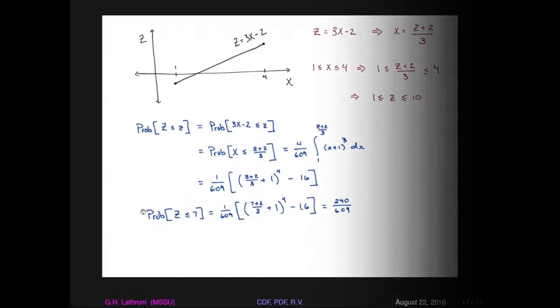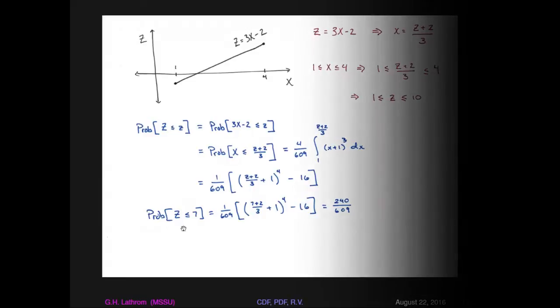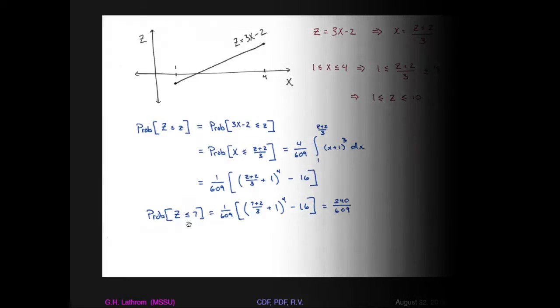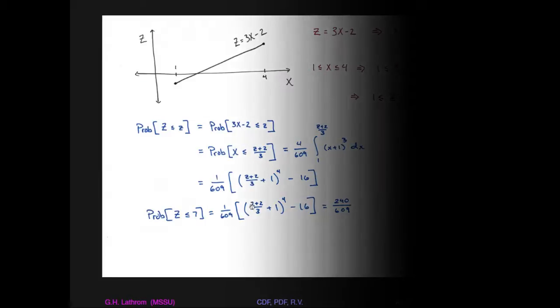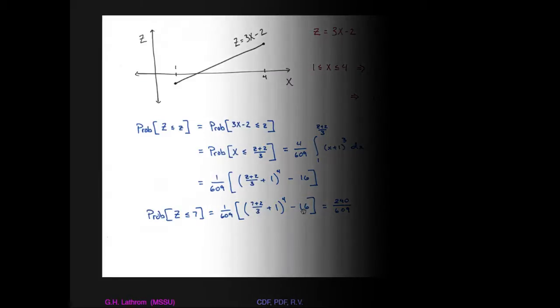Well, if we want the probability that capital Z is less than or equal to 7, we take this expression and plug in 7 for little z. The probability that Z is less than or equal to 7 is going to be 240 over 609.